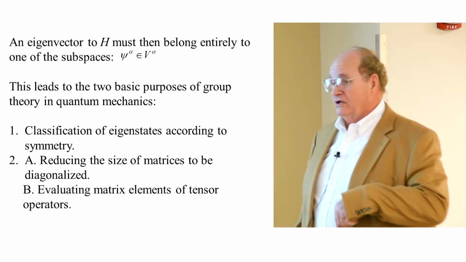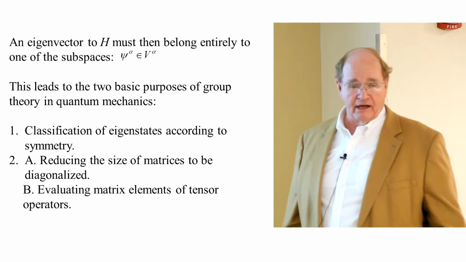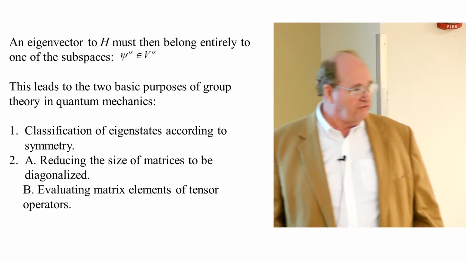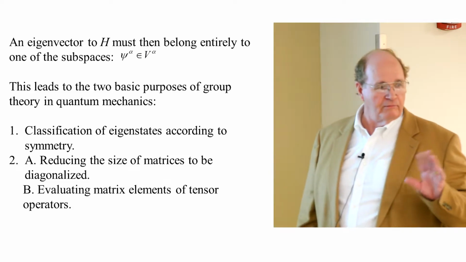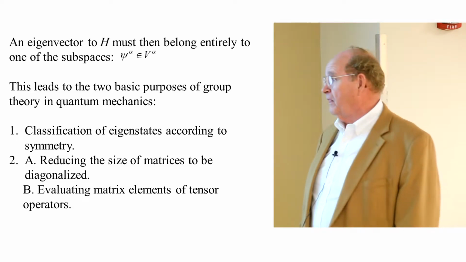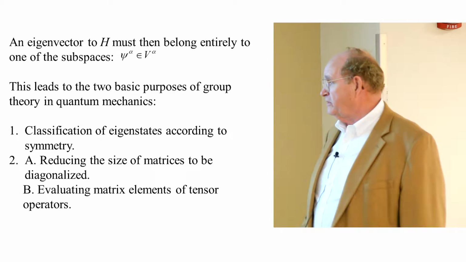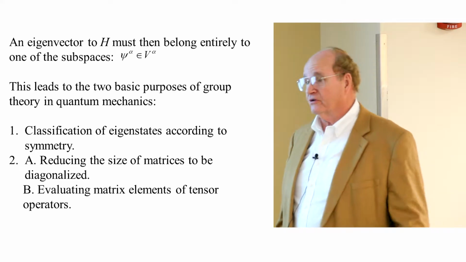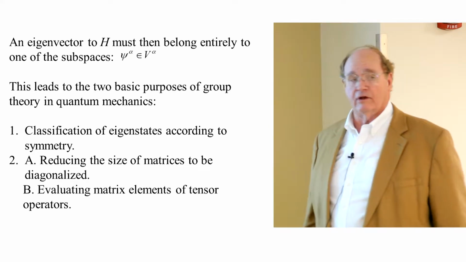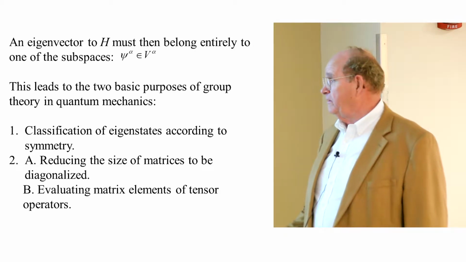The other option, number two, is reducing the size of the matrices to be diagonalized, because the subspaces are smaller than the big space. That determines the size of the matrix that has to be diagonalized. The other one here is evaluating matrix elements of tensor operators, useful for spectroscopy to come up with transition probabilities and things like that.